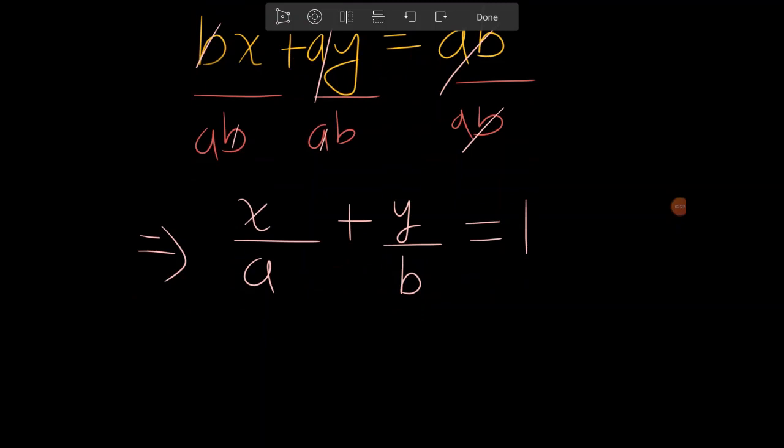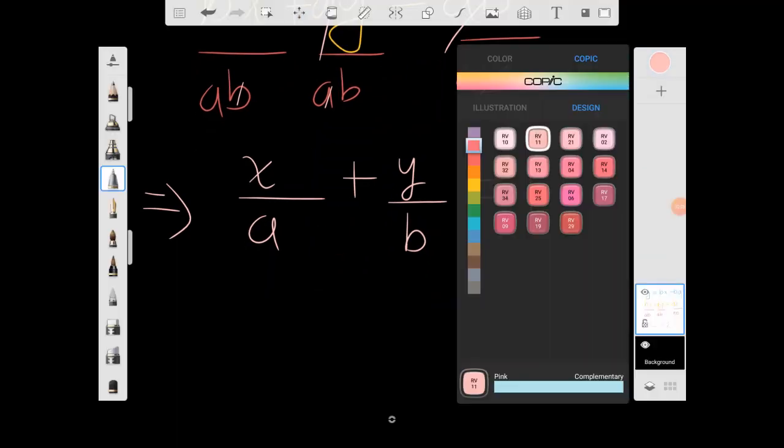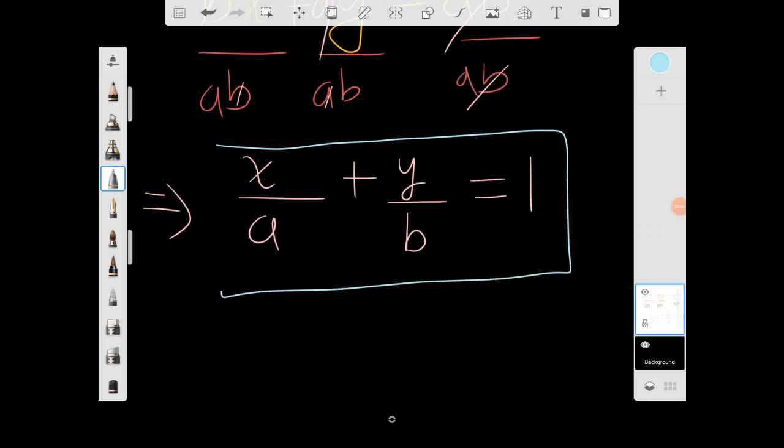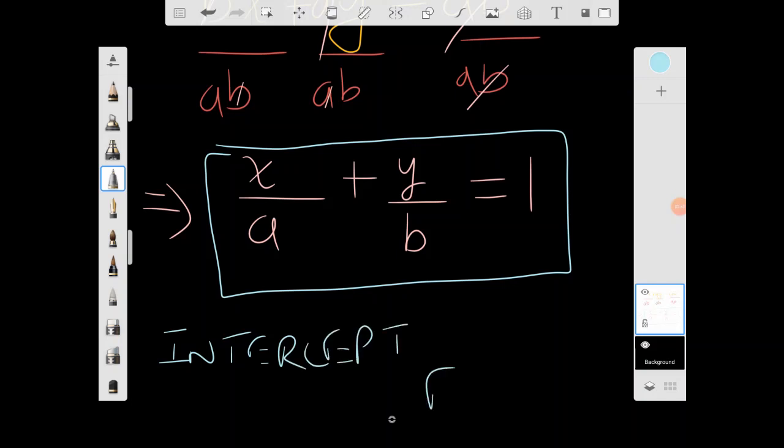So students, this is the equation of the straight line in yet another form, and this form is called intercept form. Why is it called intercept form? Because we are working with intercepts.